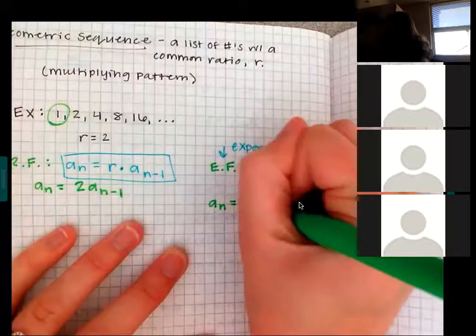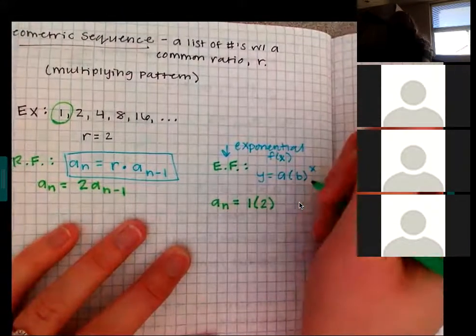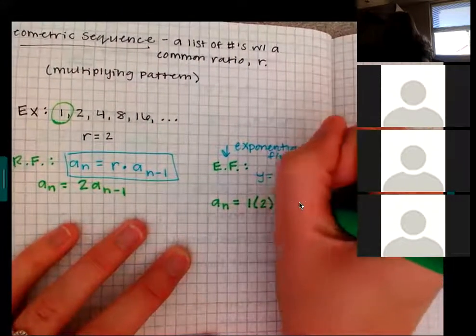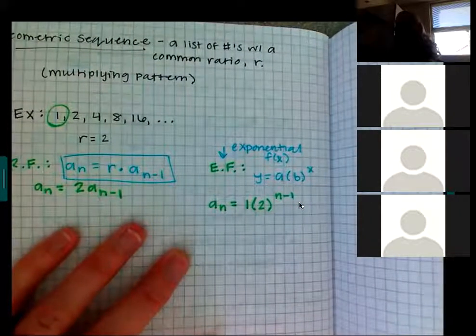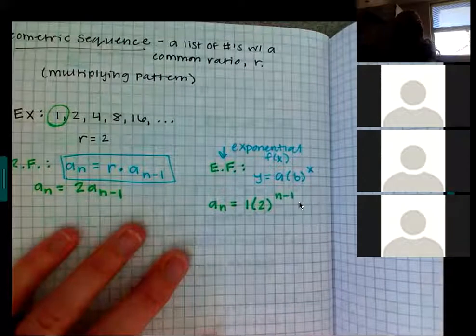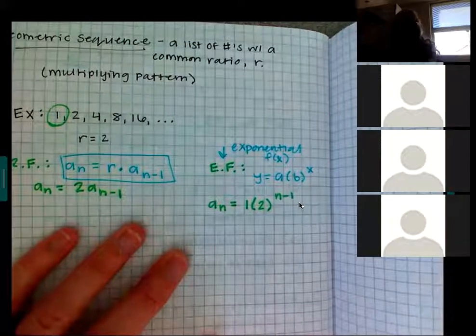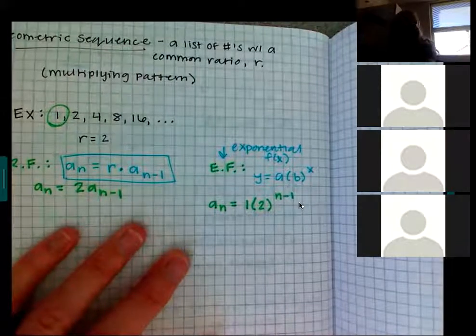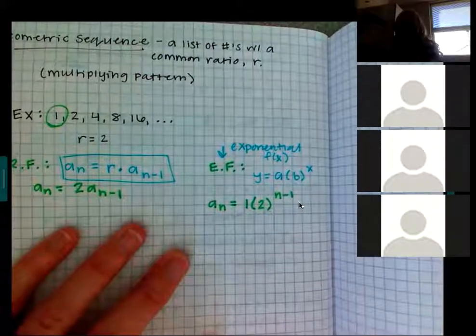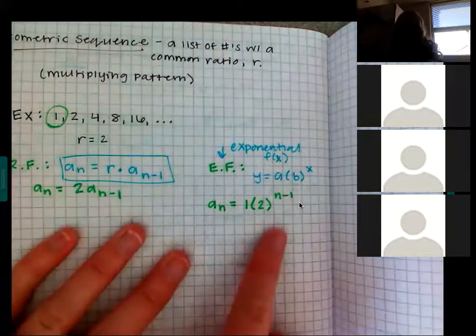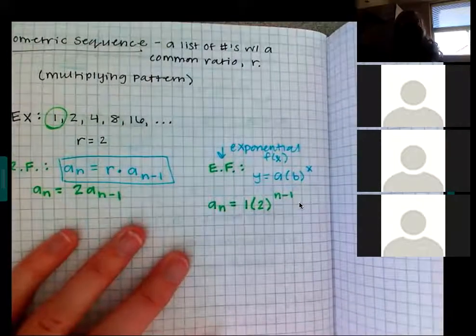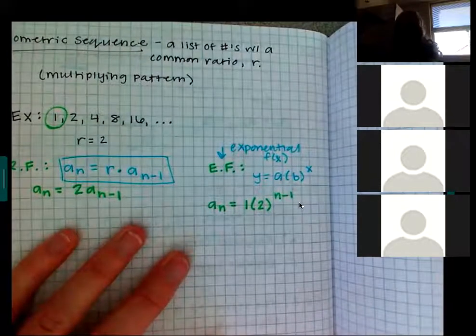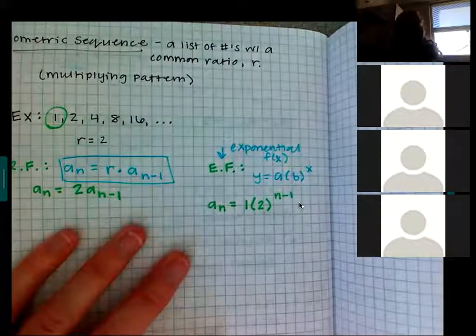Times 2. And because we don't work backwards in the beginning, they raise it to n minus 1. I am going to leave it like this because every single answer choice you'll ever see with a geometric sequence is always raised to n minus 1, not n. So I don't want to teach y'all to work backwards at the beginning when this is how all your answers will be written, okay? So 1 times 2 to the n minus 1, that would be your explicit formula.